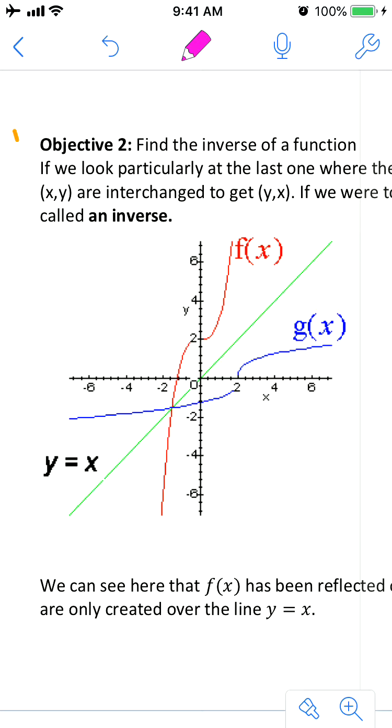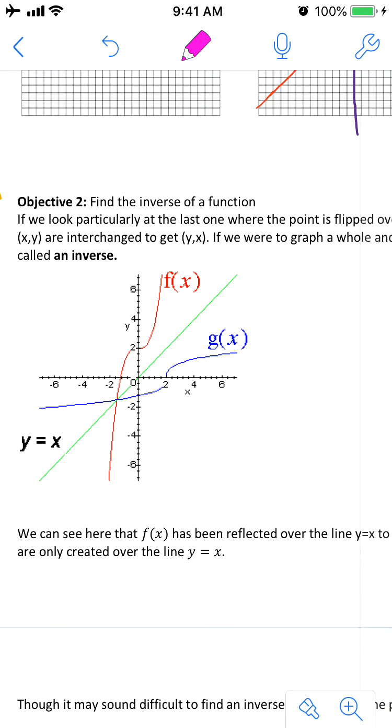When you flip it over that line, you get g. It kind of looks like a little vase or a fish or whatever you want to call it. But that's basically what's happened here: you flip it over y equals x, and you get g. And so these two functions are inverses. f is an inverse of g, g is an inverse of f. If we were to take g and flip it back, you would also get f. So they're inverses of each other.